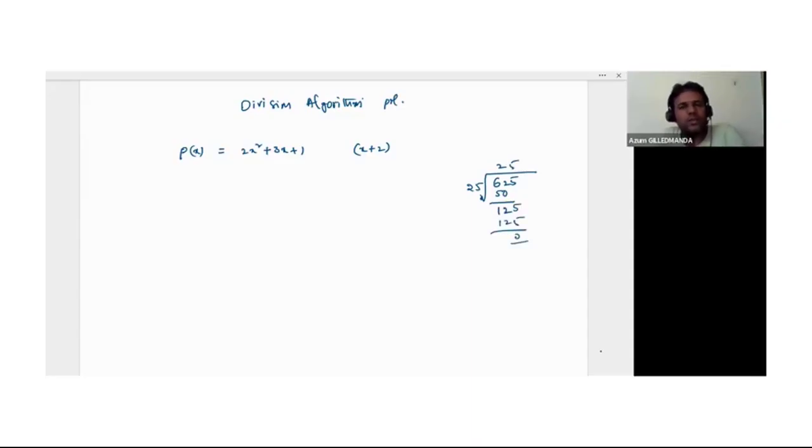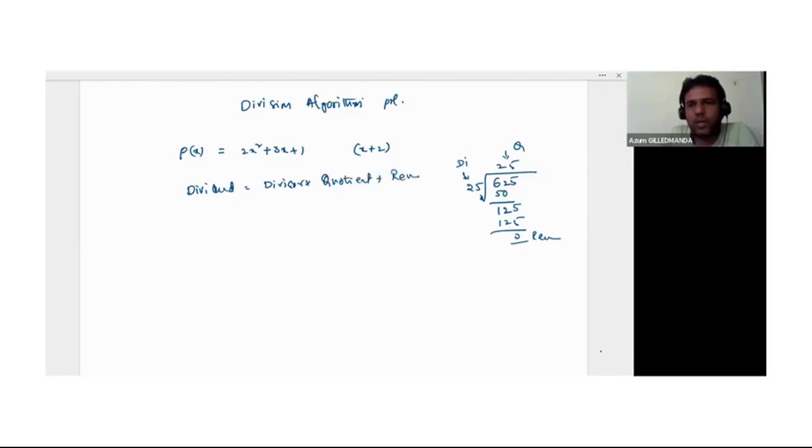Similarly, we can do the same division for polynomials also. Here, this is the divisor, this is the quotient, and this is the remainder, right? We also know that dividend equals divisor into quotient plus remainder.